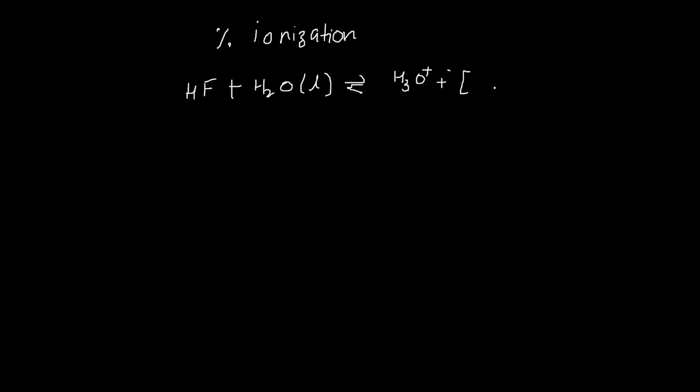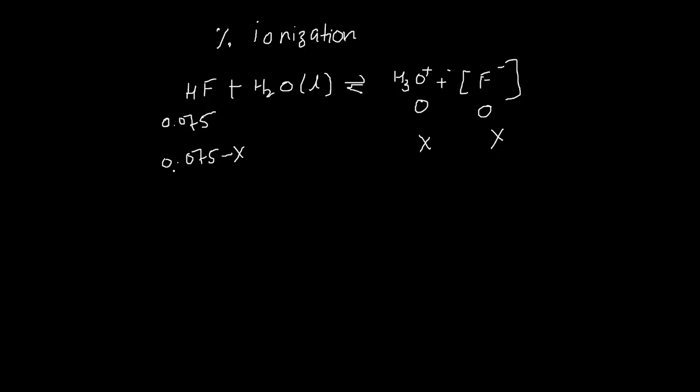So this is the ionization of HF when you are adding water to it. Suppose this is 0.075, but let's say it becomes X, which you do not know, then it will become 0.075 minus X.